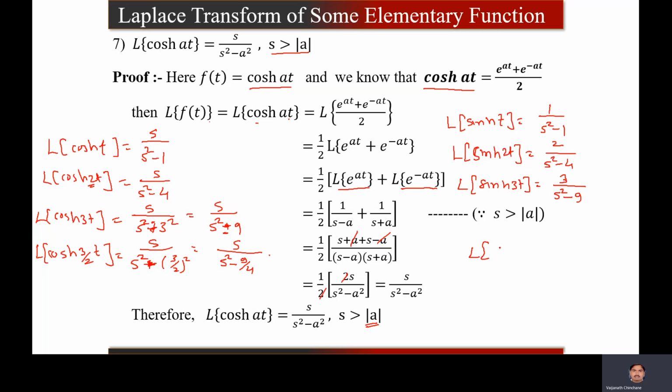And similarly Laplace of sine hyperbolic 5 by 2 t is equal to 5 by 2 divided by s square minus 25 by 4. So in this way we can find the Laplace transform of all such functions.